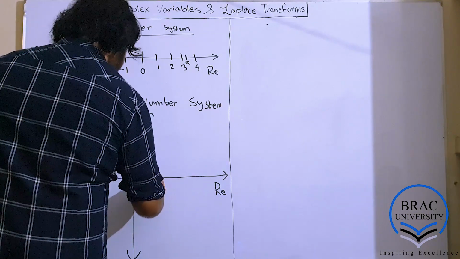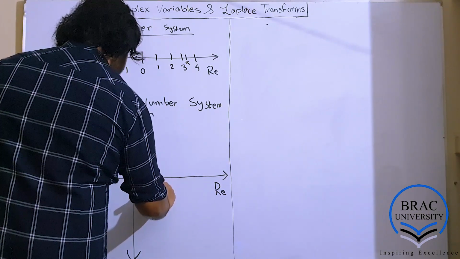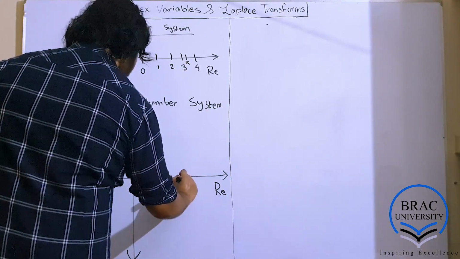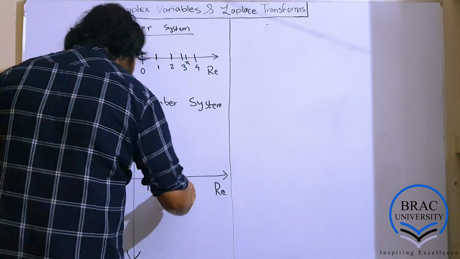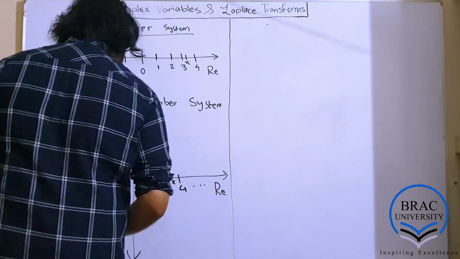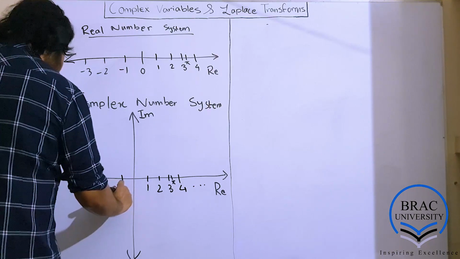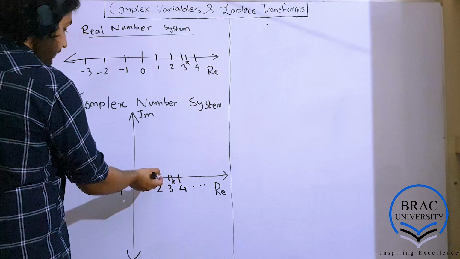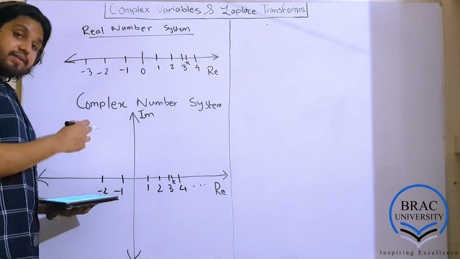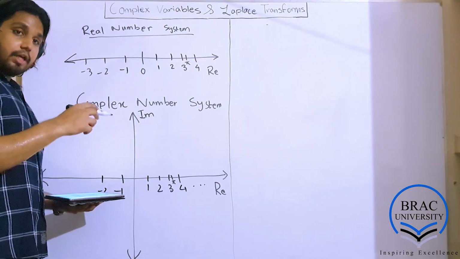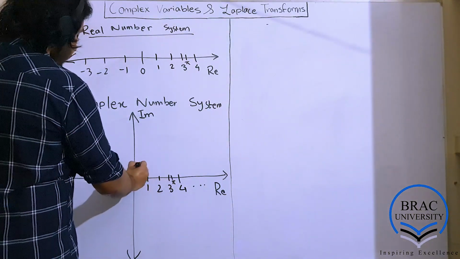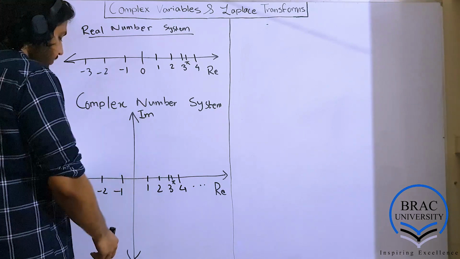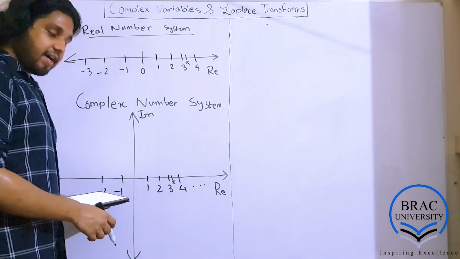The real number part goes as follows: 1, 2, 3. There's also pi here, which is 3.1415 and goes on, an irrational number, then 4, and so on and so forth. And here we have the negative numbers. This complex number system is what we call a complex number plane. Orthonormal, or perpendicular, to this real number line, we have the imaginary number line, where all the imaginary numbers reside.